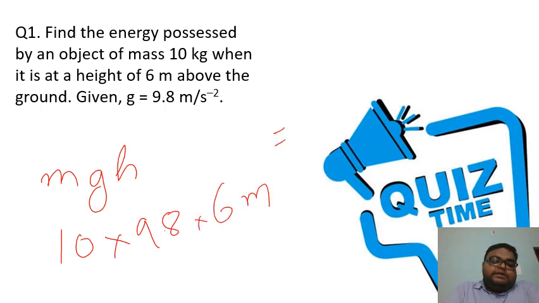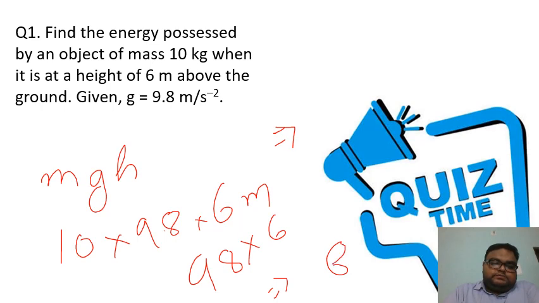So this will be equal to 98 times 6, which will be 588 joules of energy it will possess. Okay, students, it will possess 588 joules of energy.